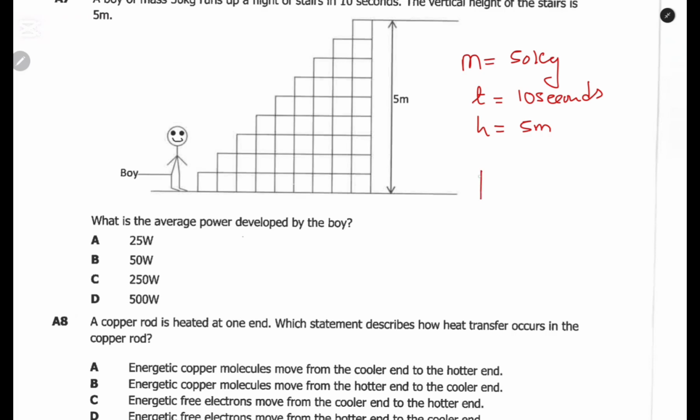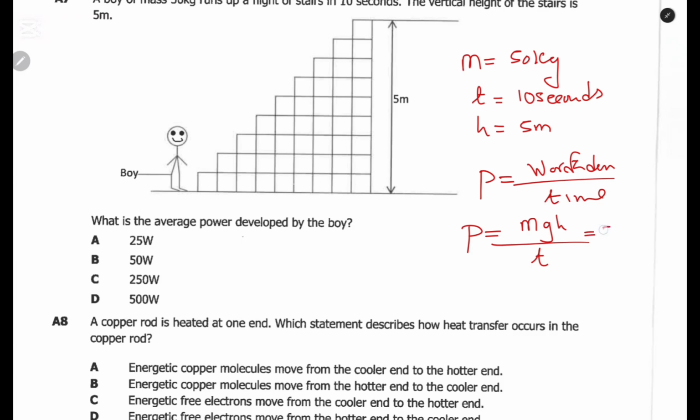So the average power is equal to work done over time, or energy over time. Therefore, to calculate power, we are going to find the energy, which is potential energy, divided by time. Potential energy is equal to mass times gravity times height.